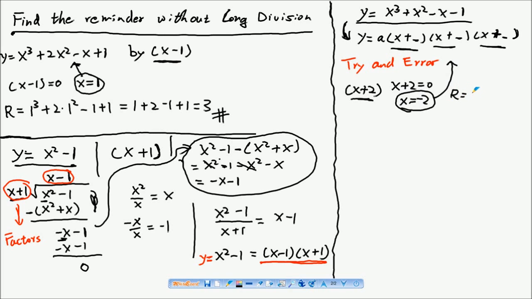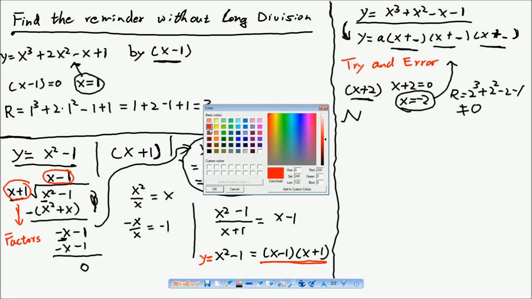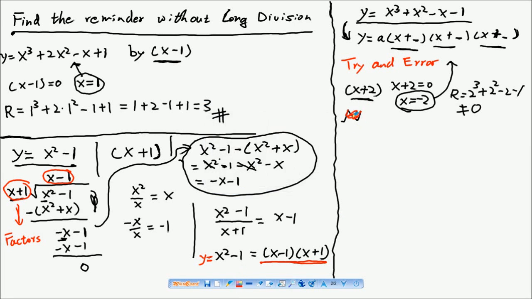Our remainder will be minus 2 cubed plus 2 squared plus 2 minus 1. Definitely it is not 0. So this is not a factor. We are wrong.